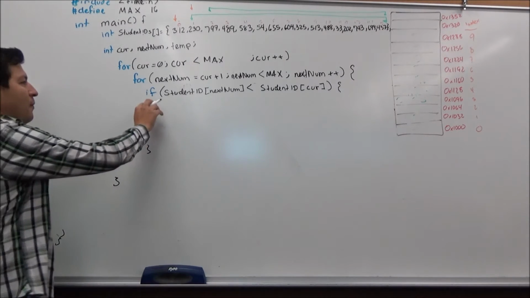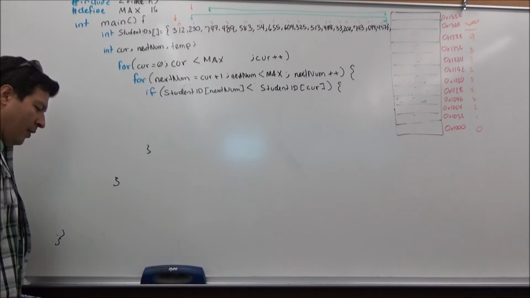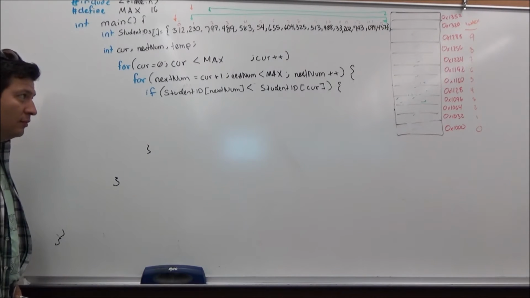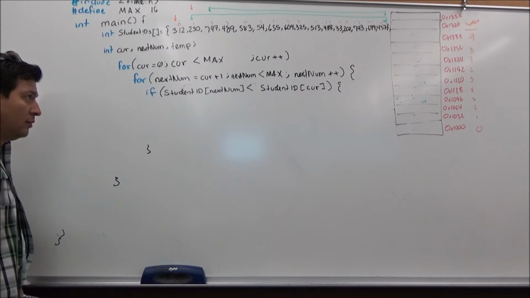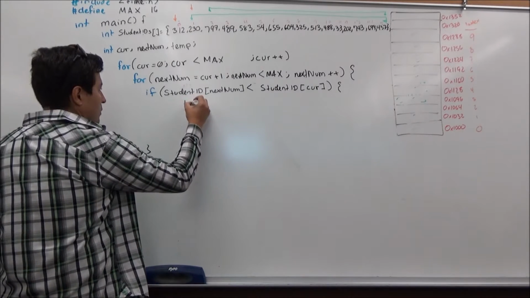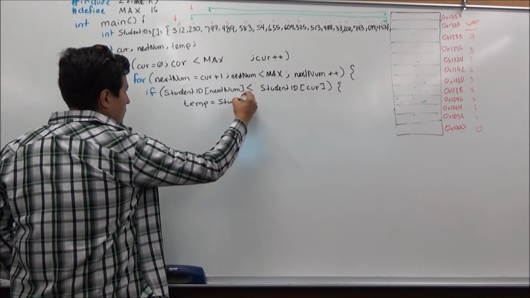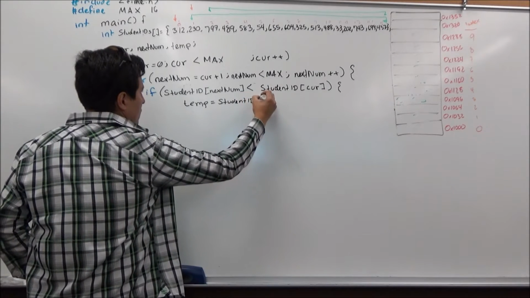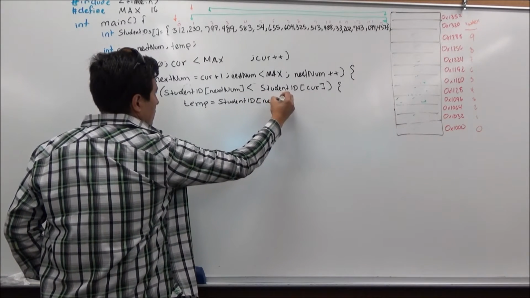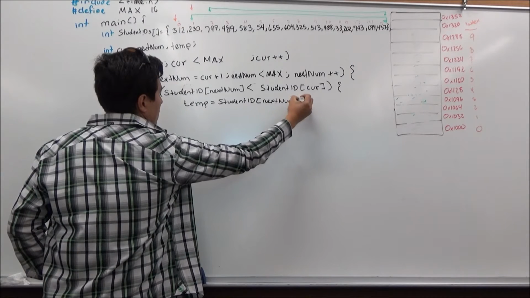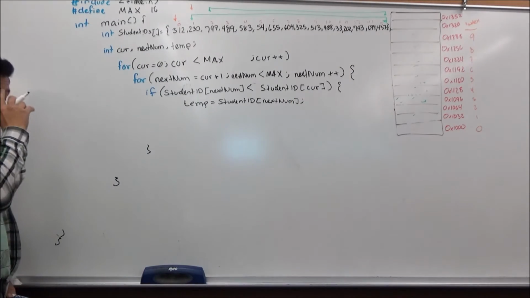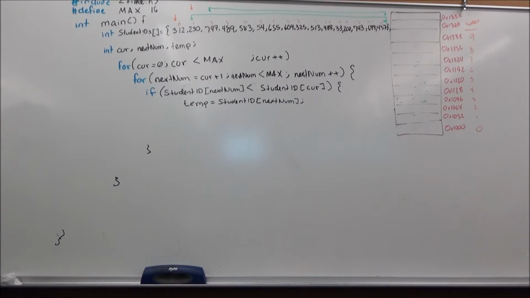So what's the next line? Yeah, we should assign either next num or cur to the temporary variable. So we'll go with next num. Oh, and we do want the variable, not the number. Okay. Then what?